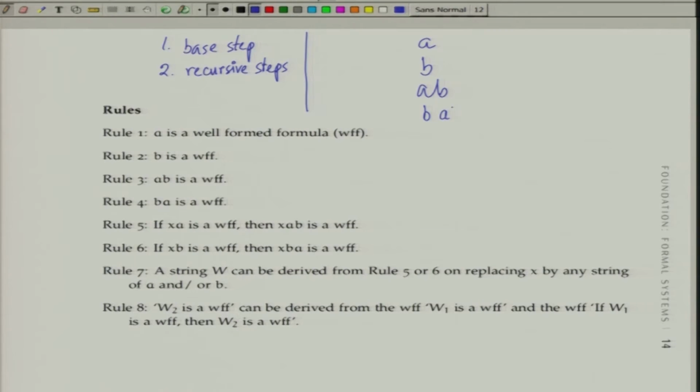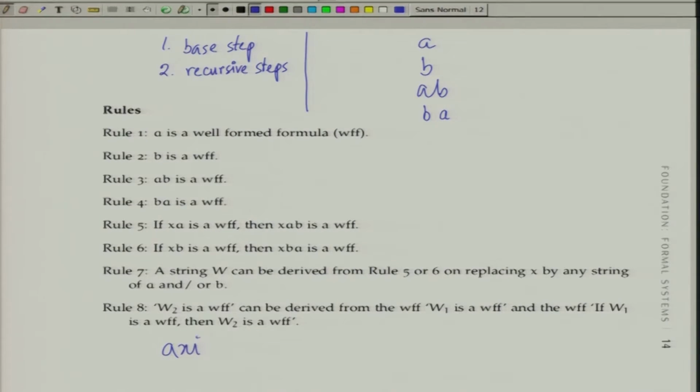Notice we are not supposed to make these strings; they are already provided. The rules declare that these are given, you cannot make them up, they are axiomatic. Now we introduce another very important idea for a formal system: the axiomatic elements, or the axioms.